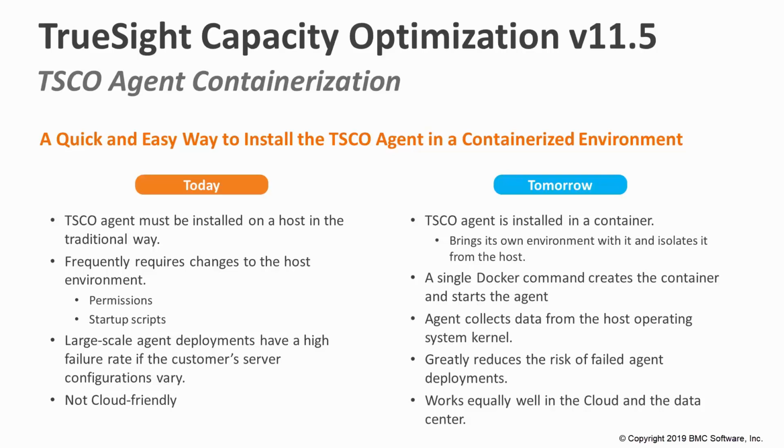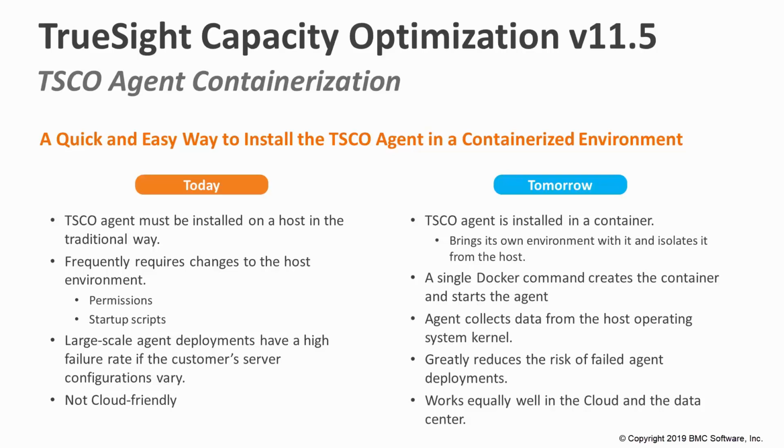So with the agent available as a container, we solve a lot of the problems. It basically brings its own environment with it and isolates it from the host and from other containers running on that host. Just one Docker command creates the container and starts the agent, which collects the data from the host operating system kernel.